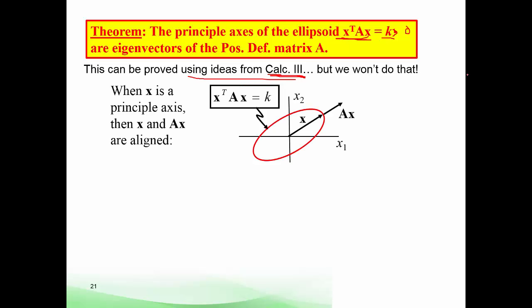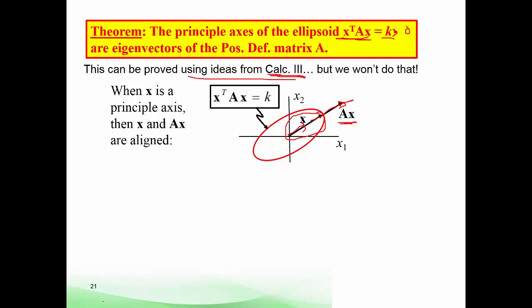So what we're saying is that when x is picked as one of the principal axes, when we multiply A times x, it just grows it a little bit longer or a little bit shorter, but it keeps it in exactly the same direction.